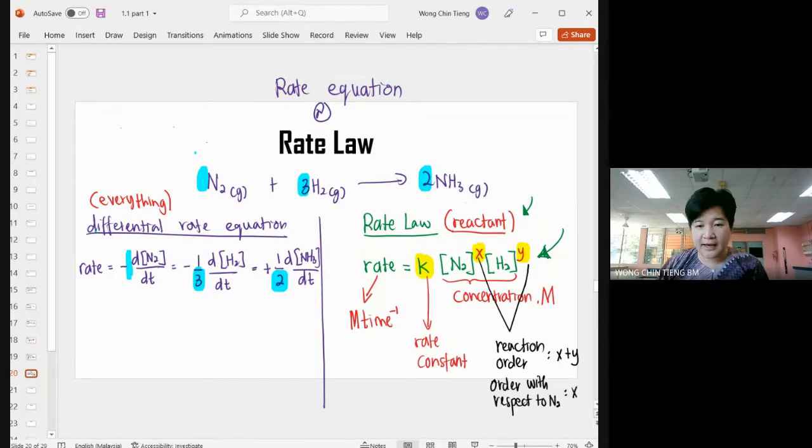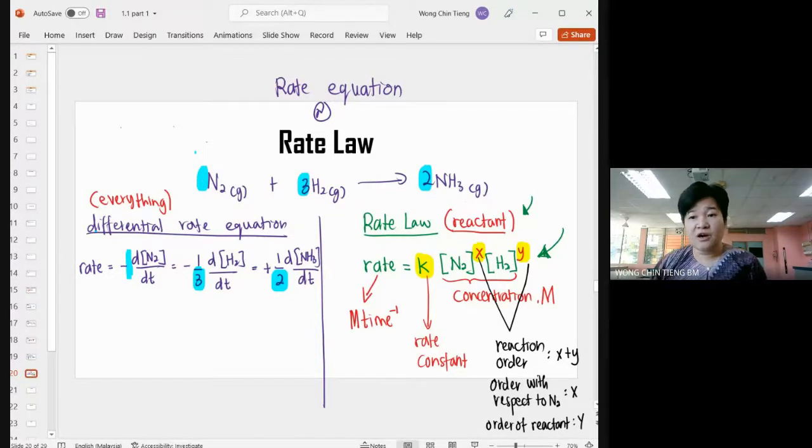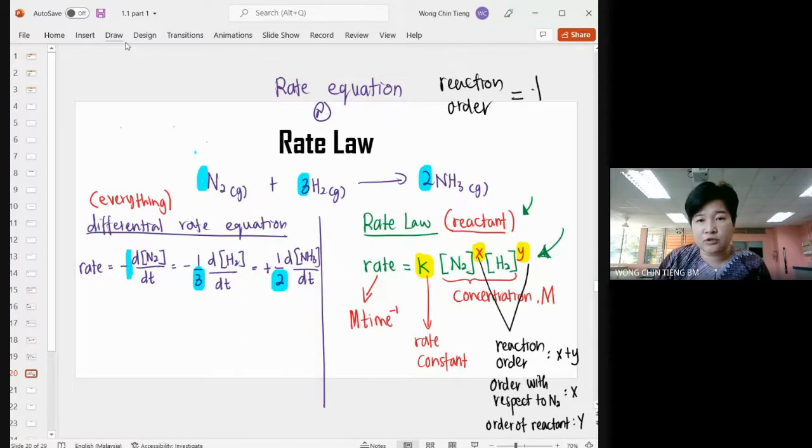Yang tu adalah X. Dengan kata lain, this is order of reactant. Nampak beza? Order of reaction adalah total. Dengan kata lain, reaction order, kita akan masuk ke order juga nanti. Reaction order adalah total. X tambah Y. Yang ni adalah reaction order.